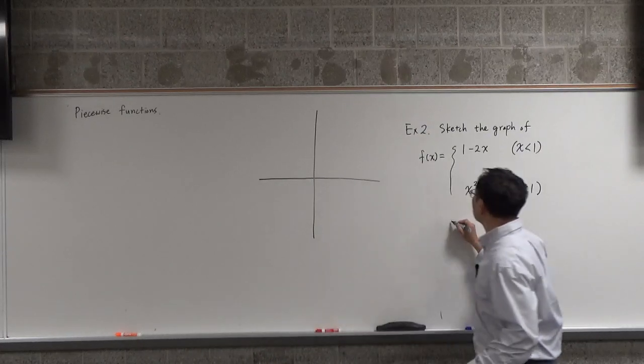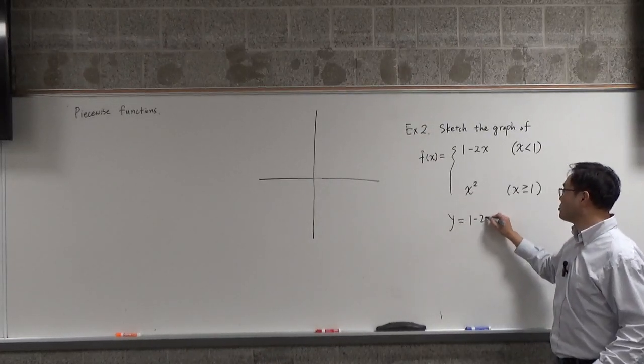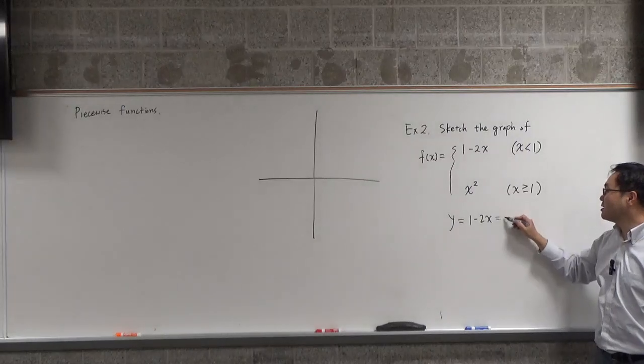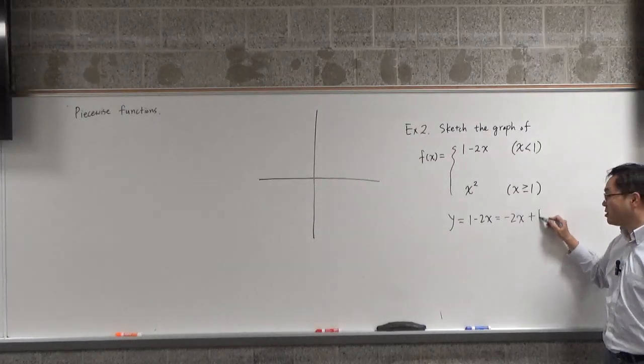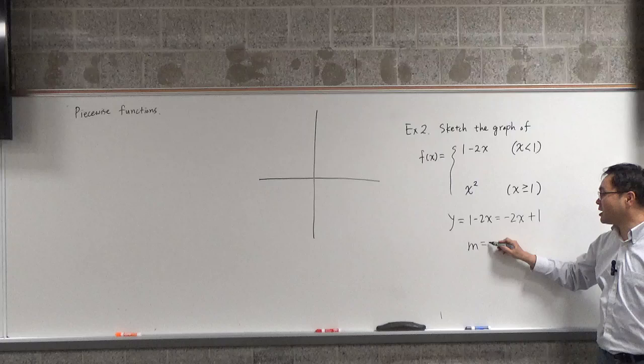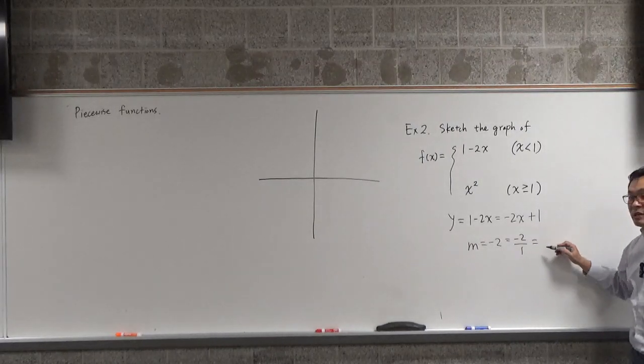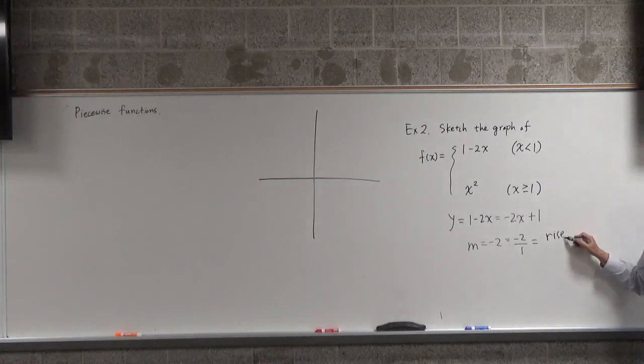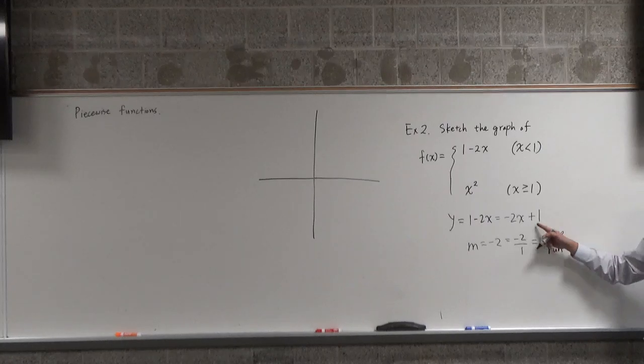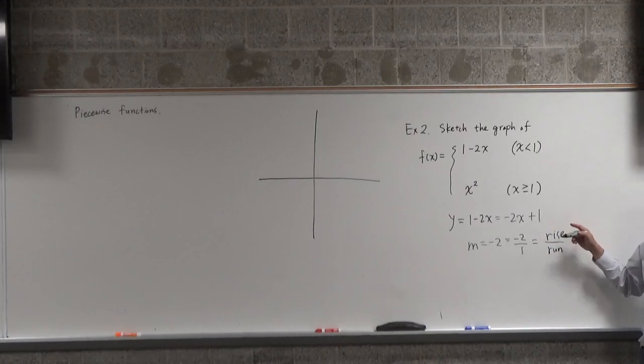Okay, first of all, what's the graph of y equals 1 minus 2x? Well, think of it like -2x plus 1, so that the slope is -2, or you can rewrite this as -2 over 1, which means rise is -2 and run is 1, right? And what's the y-intercept? 1.